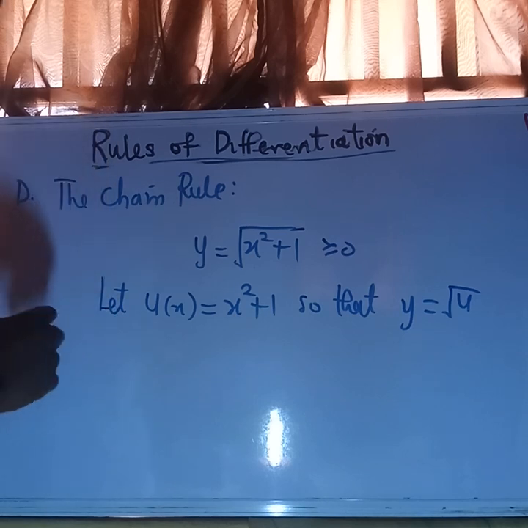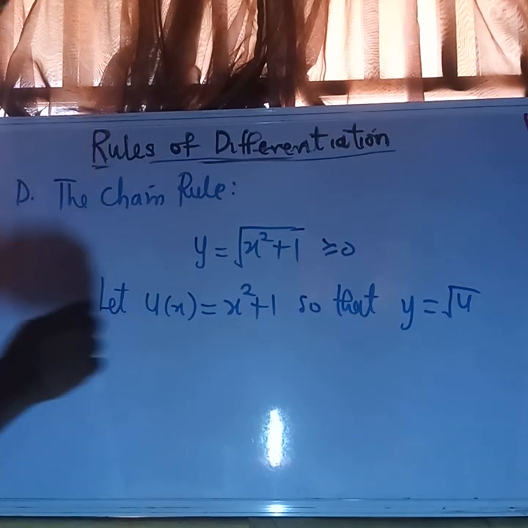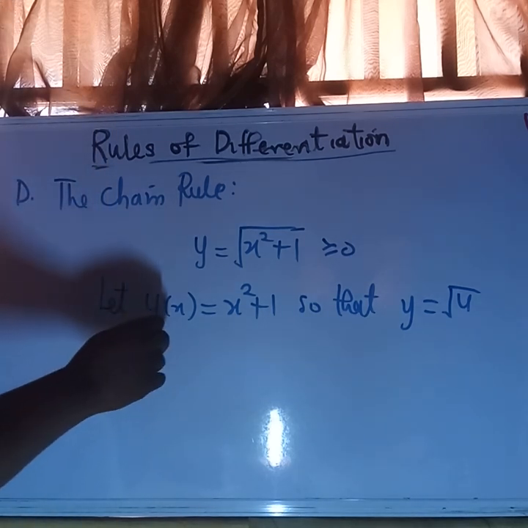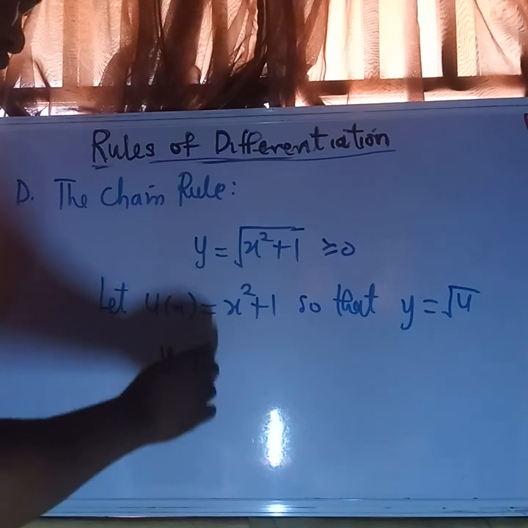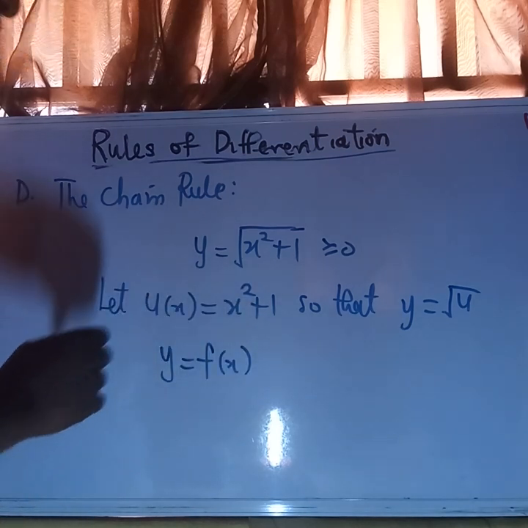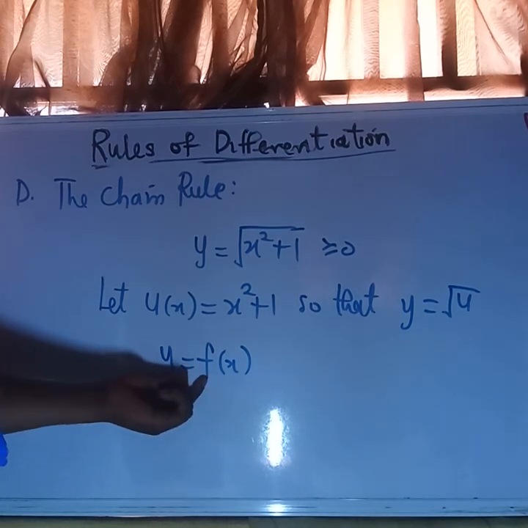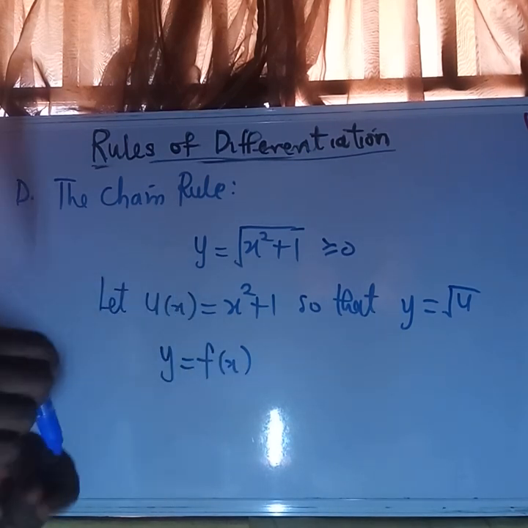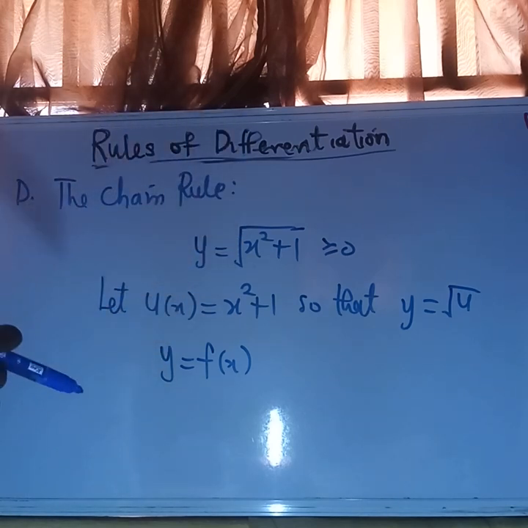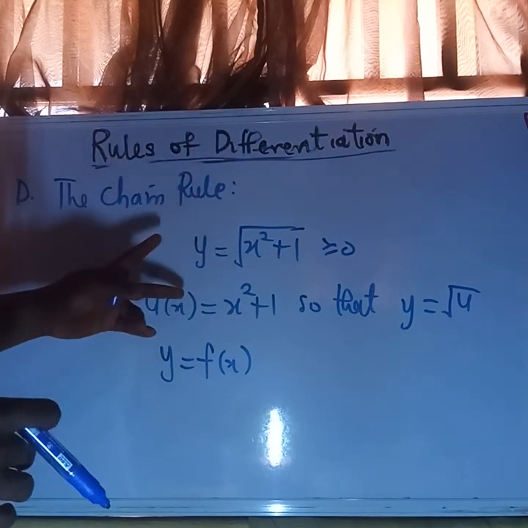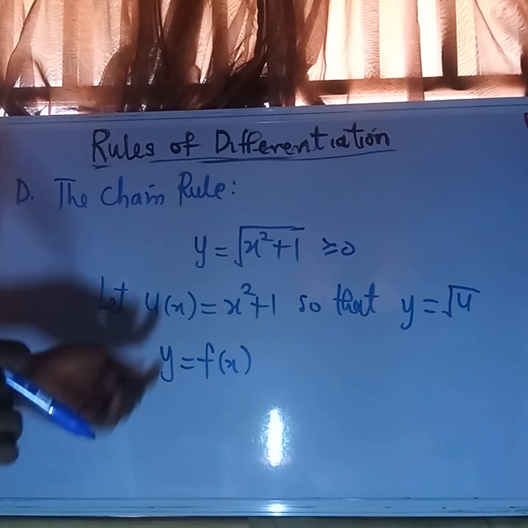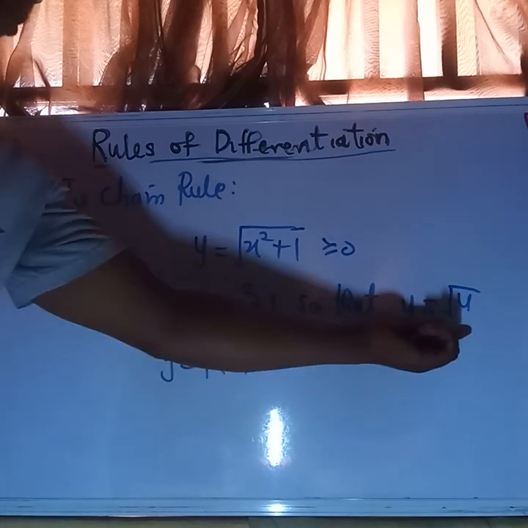So in our previous rules of differentiation, we have been used to having a function y equal to f of x, where f is an expression of x. But here, we see that we have been able to deduce two functions. One is this function and one is another function.